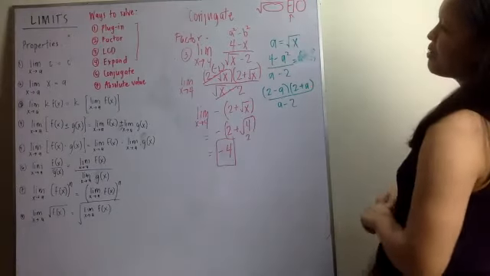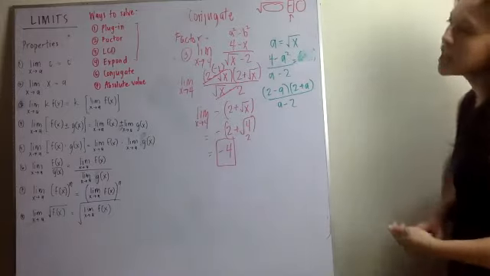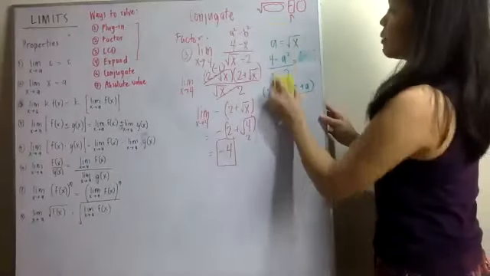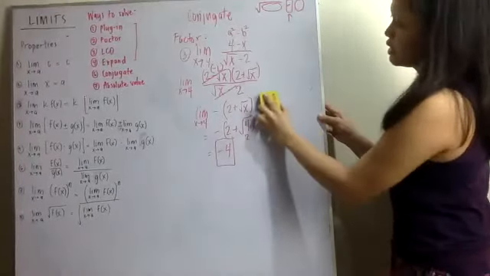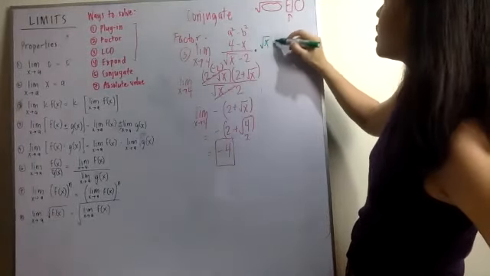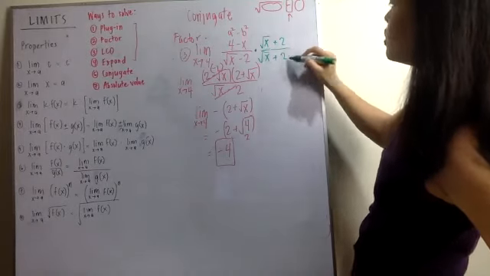Well, dito, practice actually. Pag nasanay kang familiar ka na with the problems. Let's say, mag-conjugate na lang tayo. Let's try, okay? Square root of x plus 2 over square root of x plus 2. Okay?